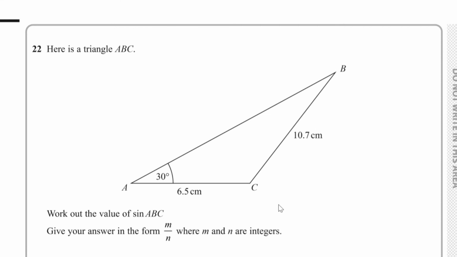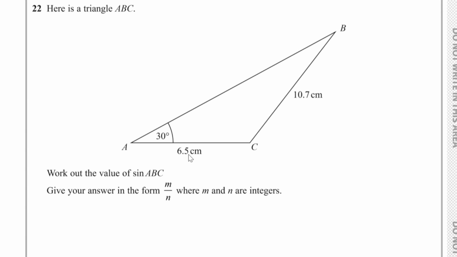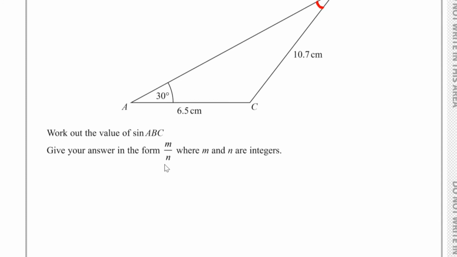Question number 22. Here is a triangle ABC. We have to work out the value of sine ABC, which is this angle, giving our answer in the form m over n. Now, we've got a side, an angle opposite it, angle opposite with a side, so we can use the sine rule.